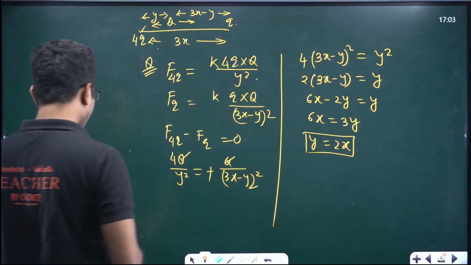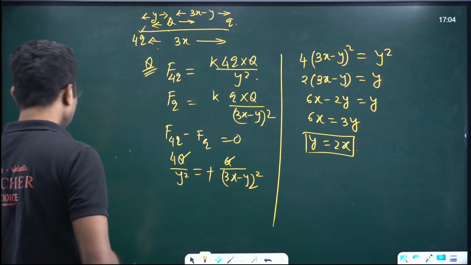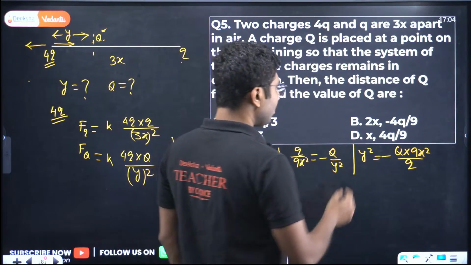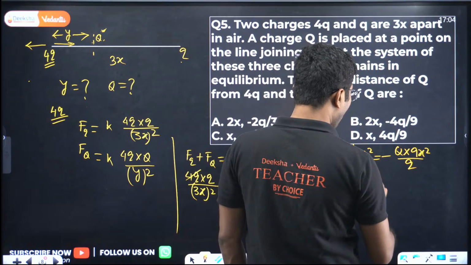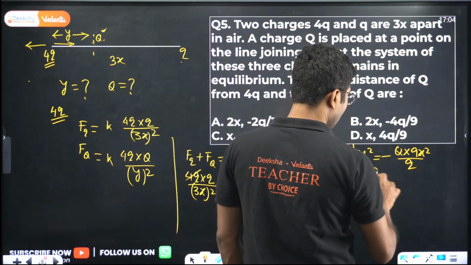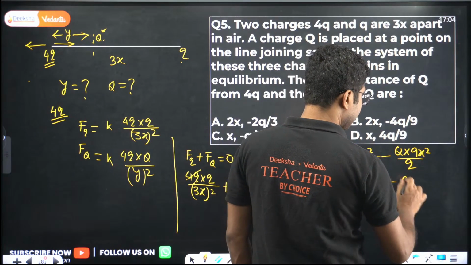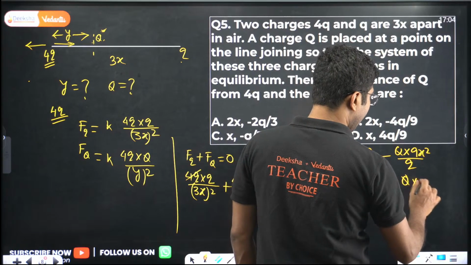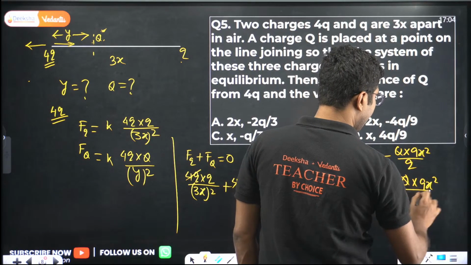Now we go back to our previous page and we have to put that value. So y value is 2x whole square equals minus q into 9x square by q.